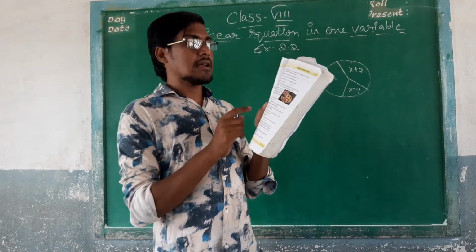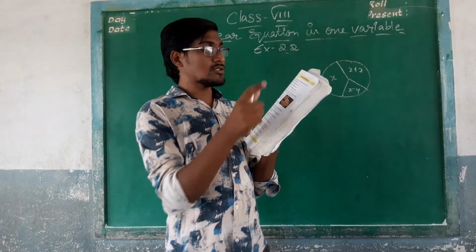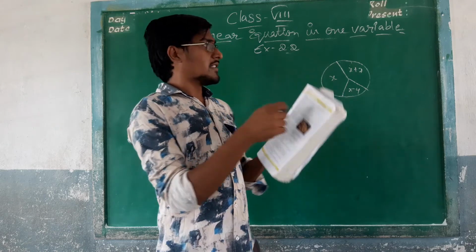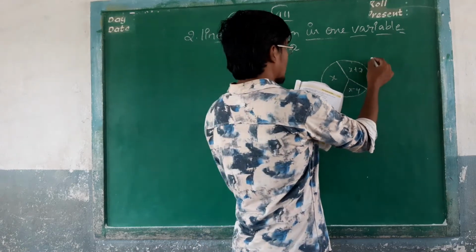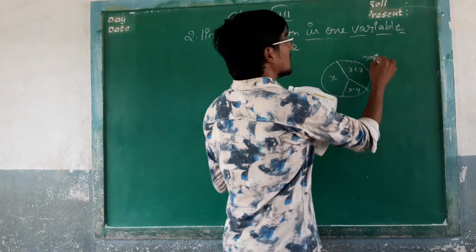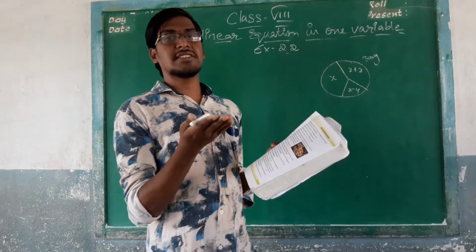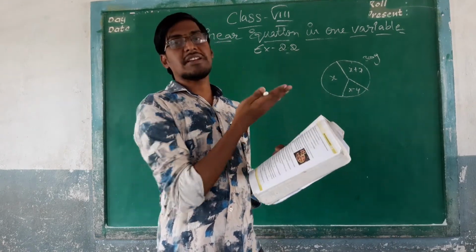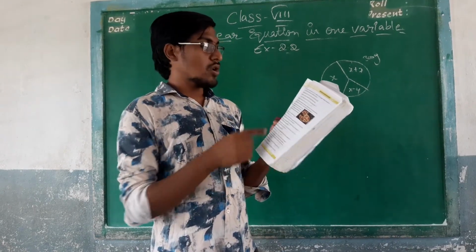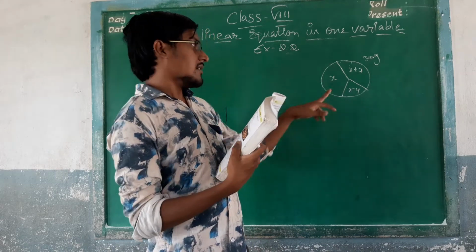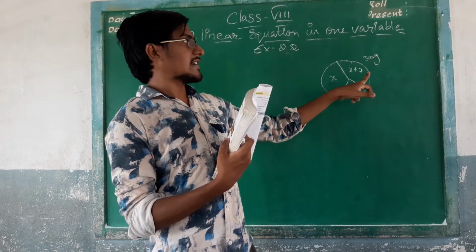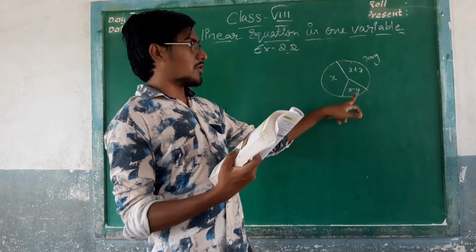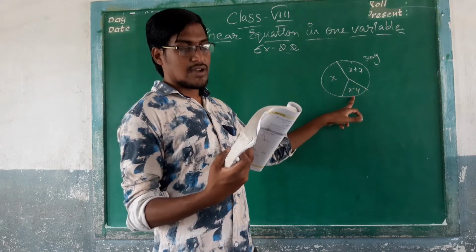A hint is already given: the whole pizza weighs 300 grams. So the weight of the first is x, the second is x plus 7, and the third is x minus 4.